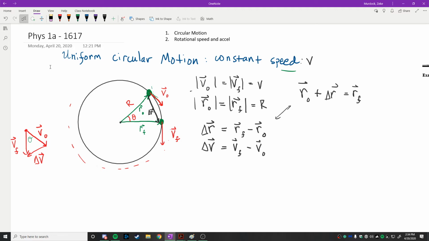You can convince yourself that that's true. I'll give you guys a minute to think about that to make sure you understand why that's true, that this angle and this angle are the same.